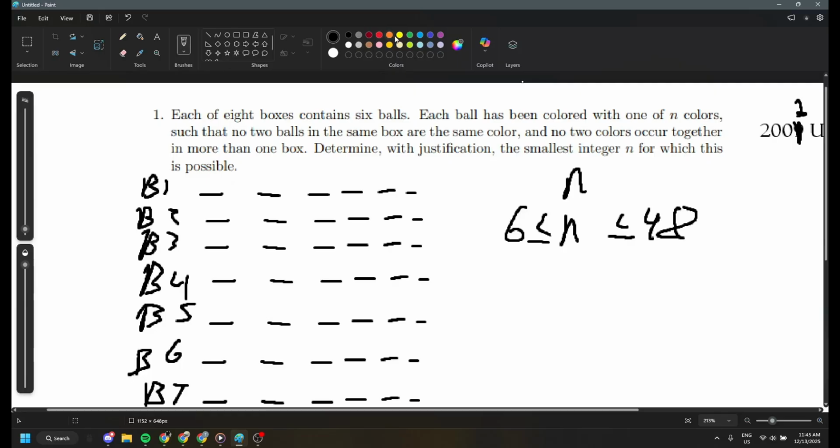Now let's look at this. Let's say we have this colored one. I'm just using numbers instead of colors for now. So each of these are different. And then if we have 1 here, we can't have any of these here because they can't occur together. So we have to have 7, 8, 9, 10, 11.